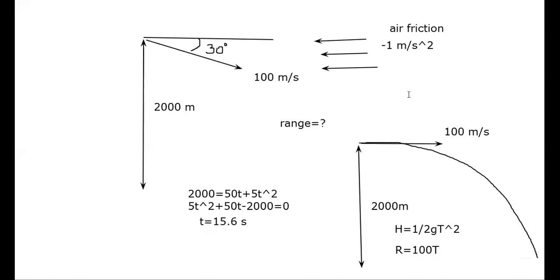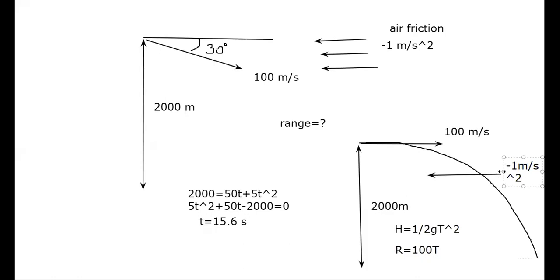The second type of question I specified is that there will be some air friction also present, which is acting in the opposite direction of horizontal motion. And the retardation which is going to be applied is -1 meter per second square.